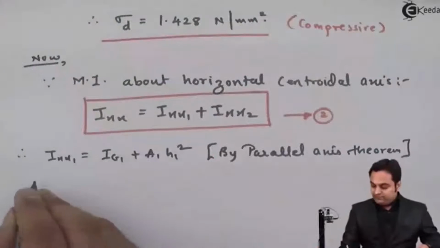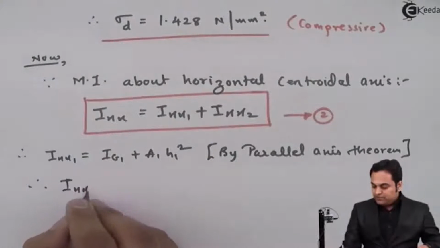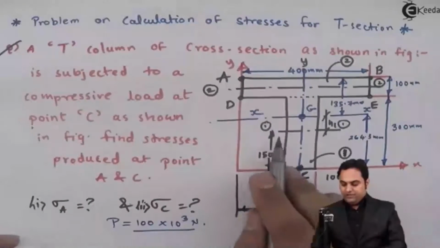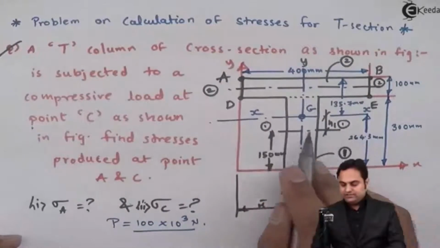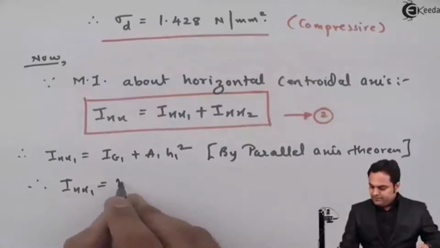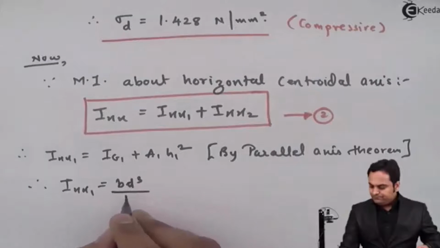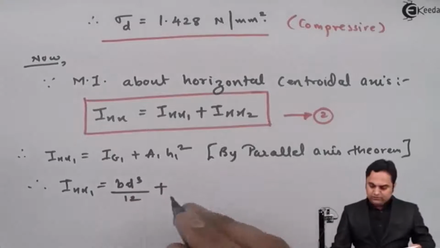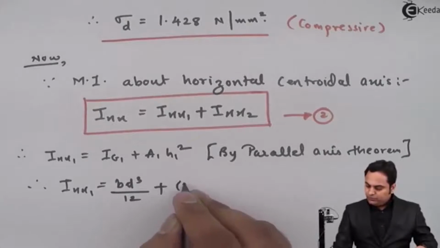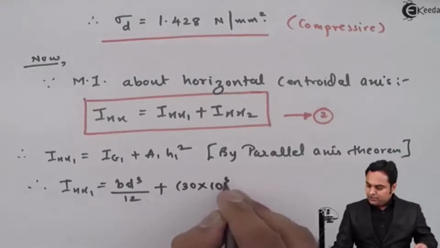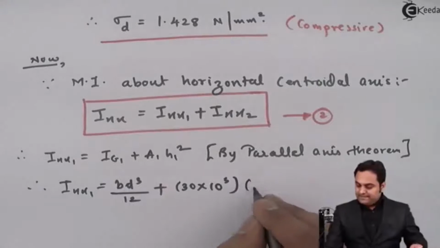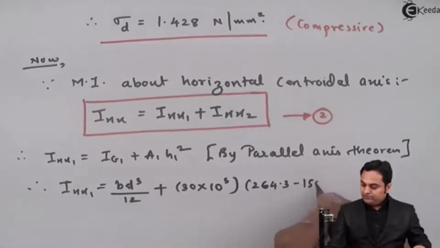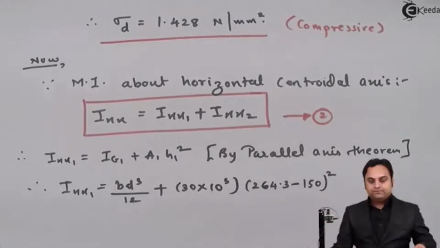So here we have Ix1, where Ig1 is the moment of inertia for rectangle 1 about its own horizontal axis, and that is BD cube by 12, plus area 1. We have found out it was the value of 30 into 10 raised to 3, now h1, that is 264.3 minus 150 whole square.